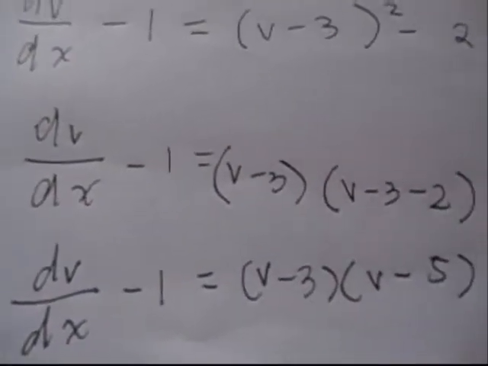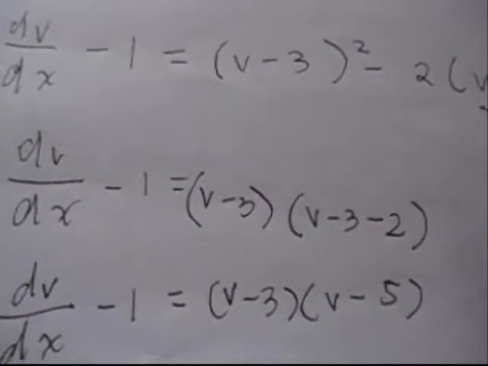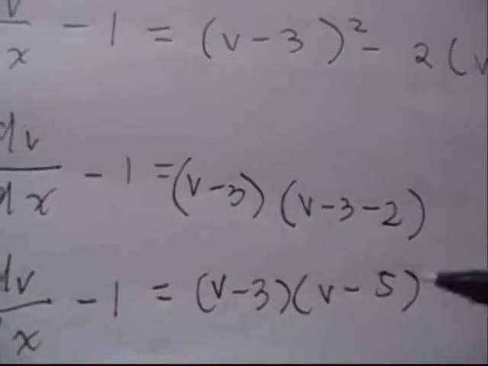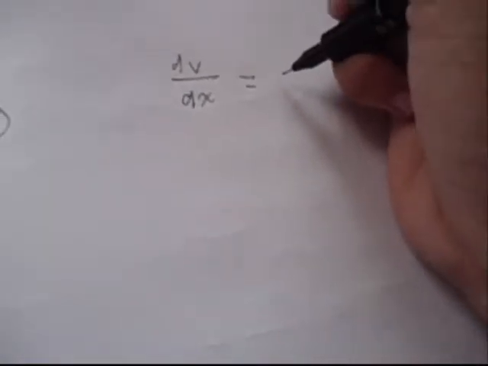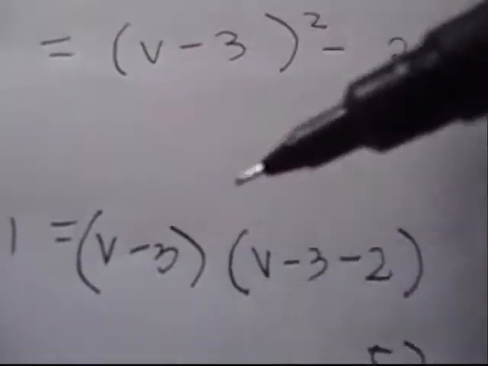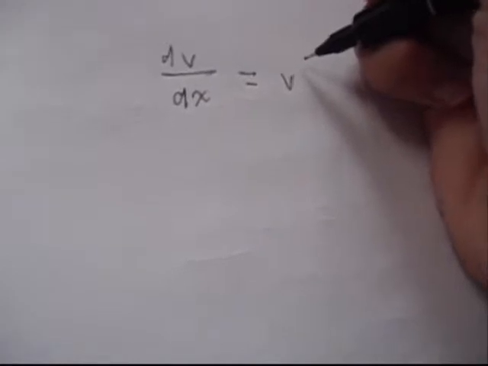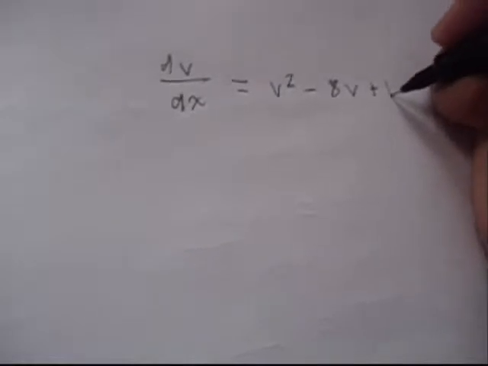After getting this, we will transfer negative 1 to the other side, and we will multiply out v minus 3 times v minus 5. Here we will get dv over dx is equal to v minus 3 times v minus 5, which is v squared minus 8v plus 15.